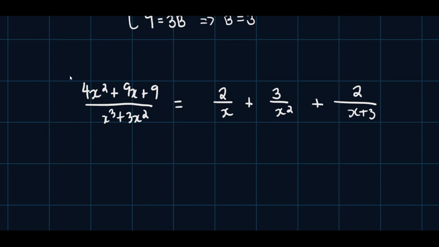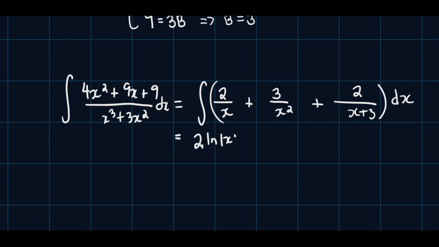So, ibig sabihin, if we want to get the antiderivative, we can simply consider the antiderivative of its partial fraction decomposition. Again, the good thing about this is that these three terms are relatively easy to get the antiderivative of. So, ito ay 2 ln ng absolute value of x. This one, power rule. So, minus 3 over x.